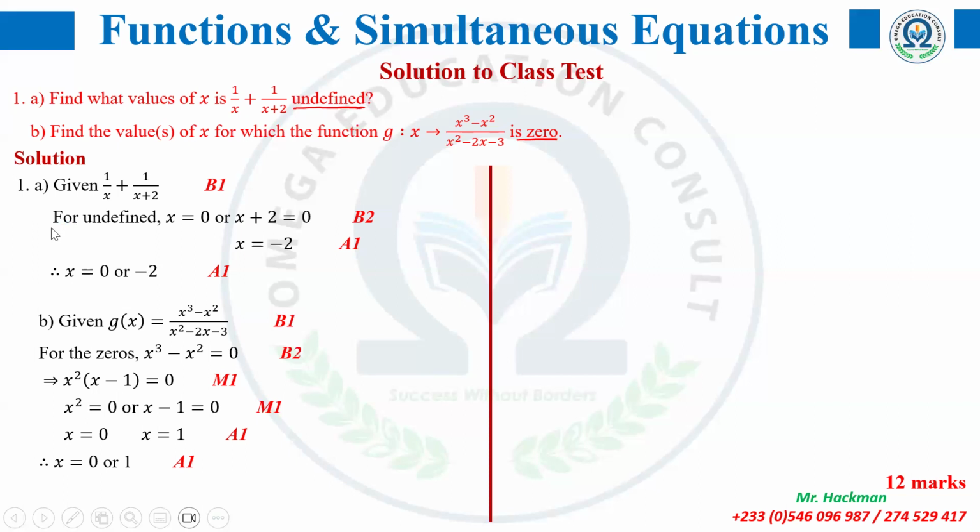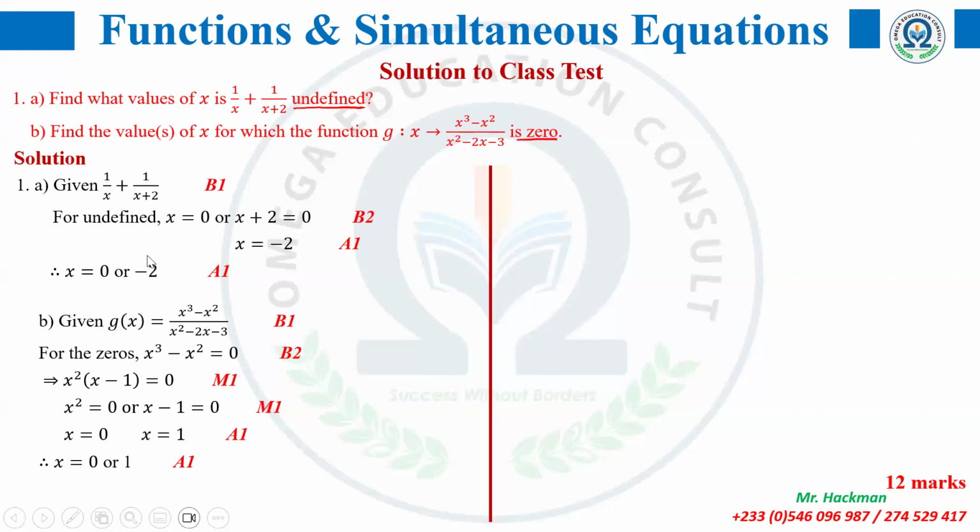So after that, remember, we said you have to write for undefined, and you always go for the word that is used in the question. So in this case, for undefined; if it was not defined, then you use not defined, though the two can be used interchangeably. But the advice is go for what is in the question.